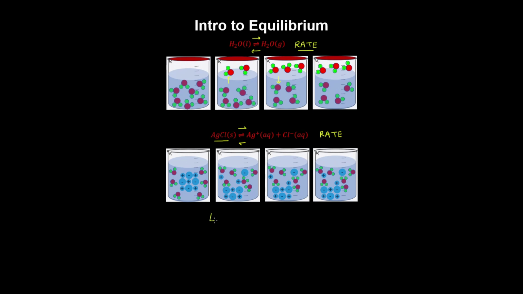So the main point is that when equilibrium is reached, the reactants and products are both present, and the molar concentrations or partial pressures of all species remain constant.